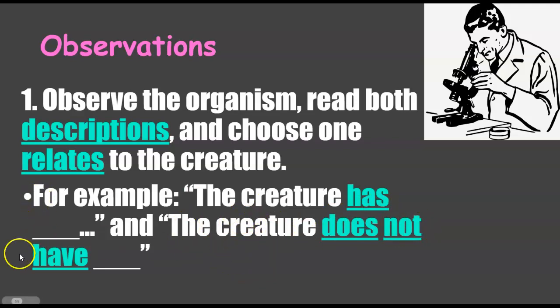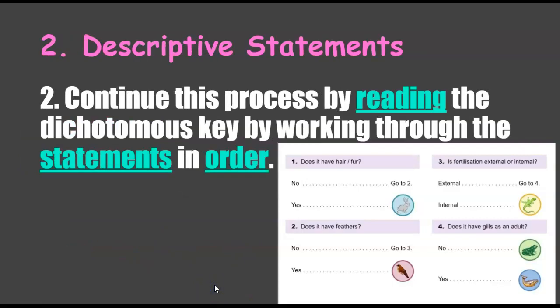The creature does not have wings. Yes or no? If it's a yes, you follow whatever it says after this. If it's a no, you follow whatever it says after that. I'll get to this in a second. Descriptive statements, that's what I was just saying. It has this. It does not have this. Something to that sort. So continue the process by reading the dichotomous key in order, working through the statements in order.